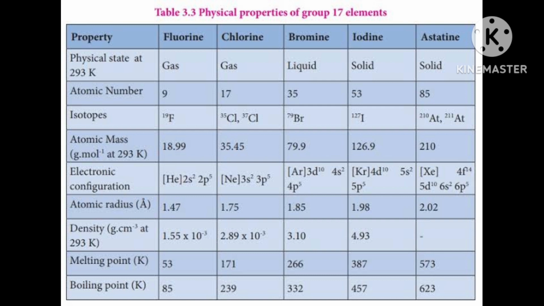HX means HCl, HBr, HI, and the other product is HOX, called hypohalous acid, where X may be chlorine, bromine or iodine. So X2 + H2O gives HX + HOX, where X is chlorine or bromine.